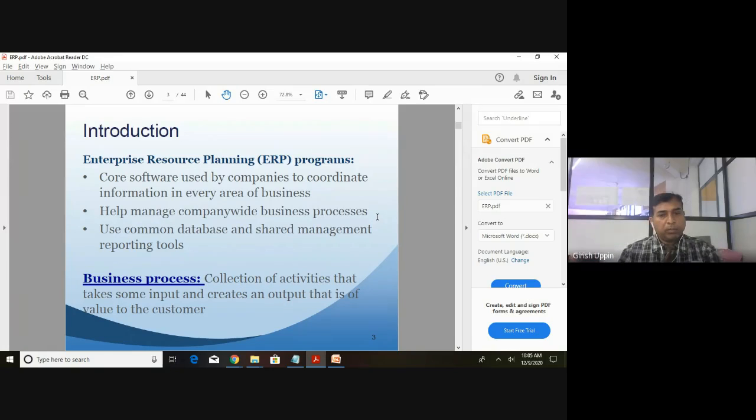If it is not available, it goes to the procurement department to procure it, and once the procurement department sends the order to the vendors or suppliers, they will supply it. It will be available in the warehouse. Once it is available in the warehouse, it can be shipped to the one who is requesting that particular product.